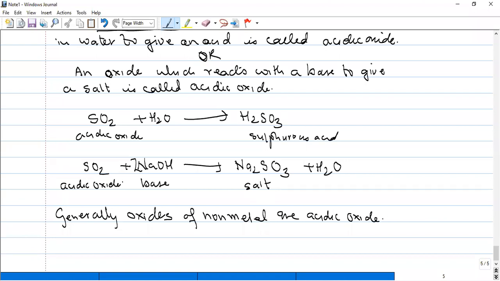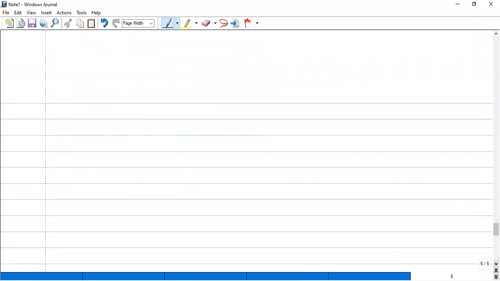So this was the first type of oxide. Now let us see the second type of oxide. What is that? Basic oxide. An oxide which reacts with water and forms a base is called a basic oxide.